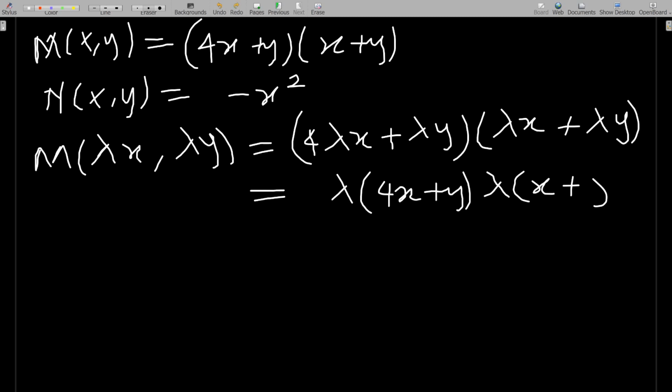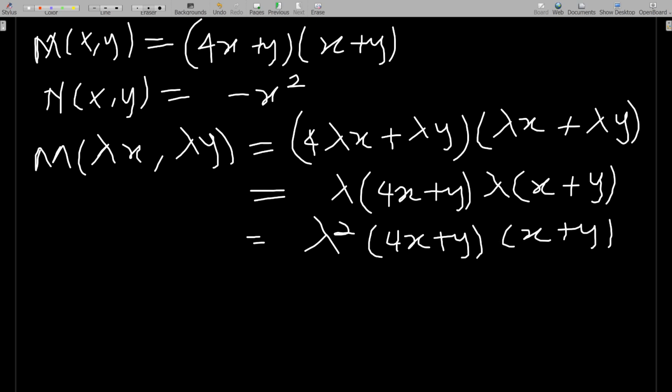And you realize that they are both multiplying, so I can get lambda squared into (4x plus y)(x plus y). And this will be equal to lambda squared M of xy.